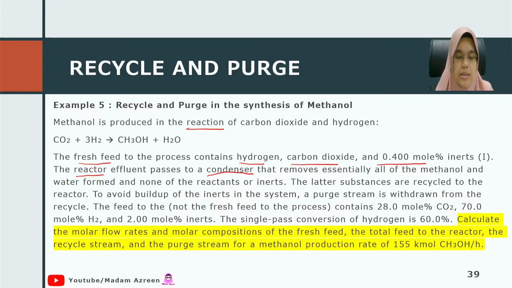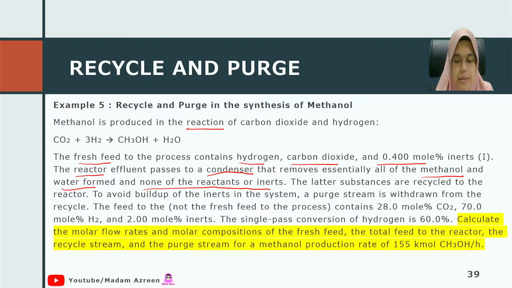A condenser is another separation unit which does a condensation process. Separation units have a lot of names. It could be a condenser, an absorber, a crystallizer, a filter, anything that does a separation process. This condenser removes all the methanol and water, and it doesn't remove the inert.